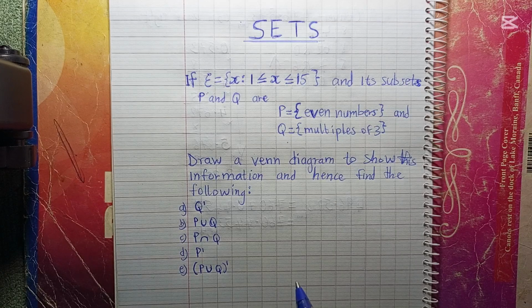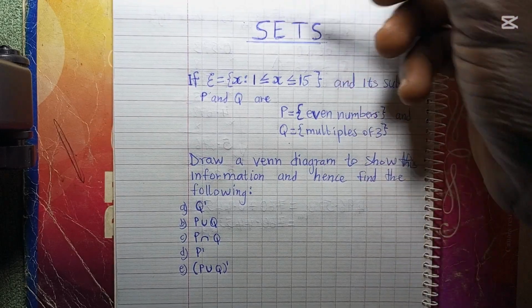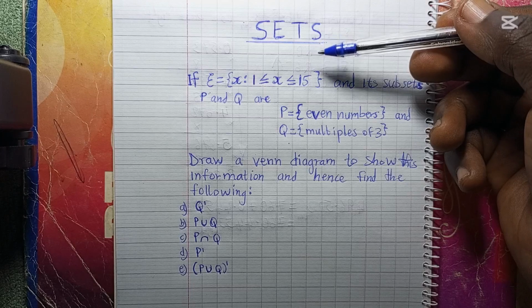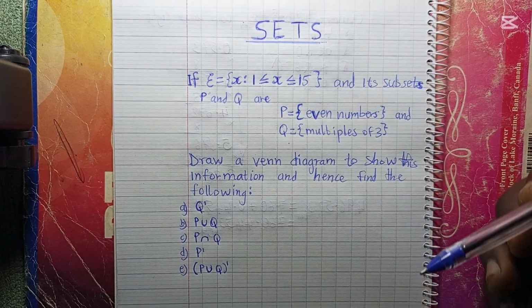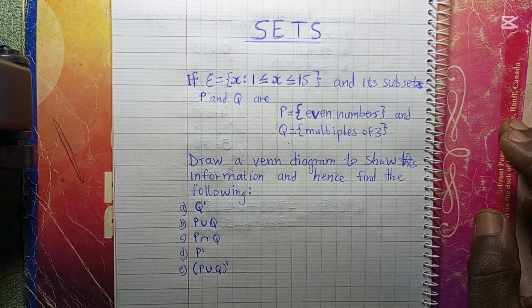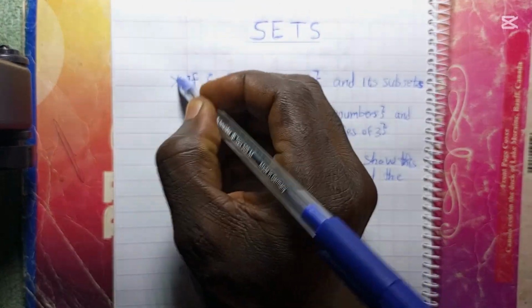So, looking at the problem before us, you can observe here that we have a problem on the topic of sets. Remember, the definition of a set says that a set is a well-defined collection of items. In this question, we'll be looking at this particular problem.